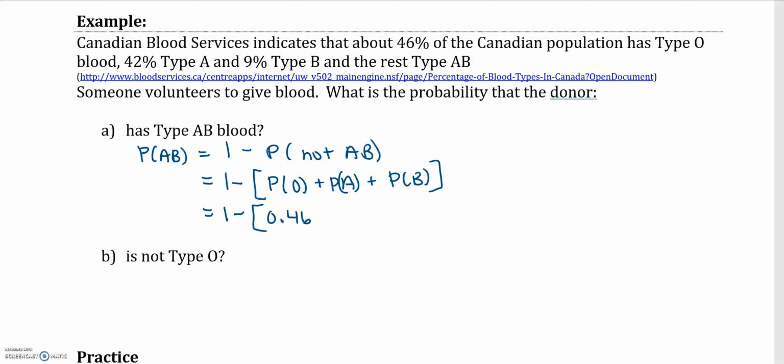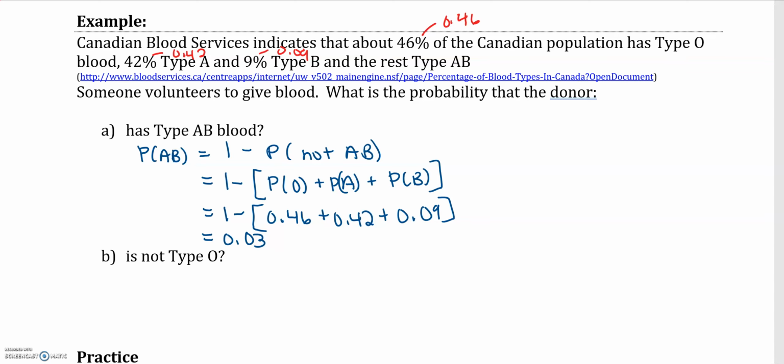Remember, each of these percentages should be expressed as the decimal equivalent to represent the probability. And we can add those all up. And calculating, we find that 0.03 or 3% chance or probability of the person having type AB blood.